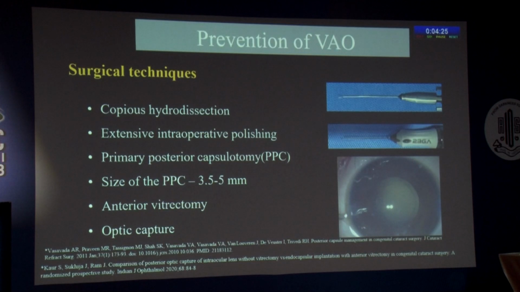Again, as I stressed, anterior vitrectomy can also reduce the visual axis opacification. And last but not the least, an optic capture, which is nothing but pushing the IOL optic behind the posterior capsule, to cause fusion between the anterior and posterior capsular lip and reduce the migration of the lens epithelial cells into the anterior hyaloid.